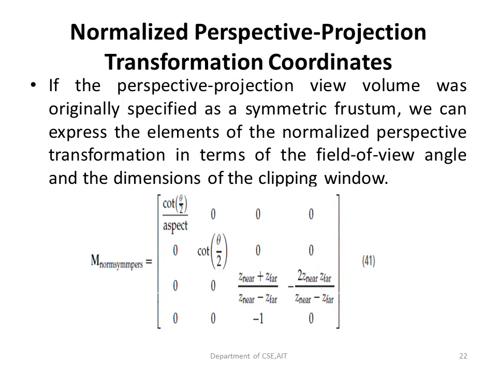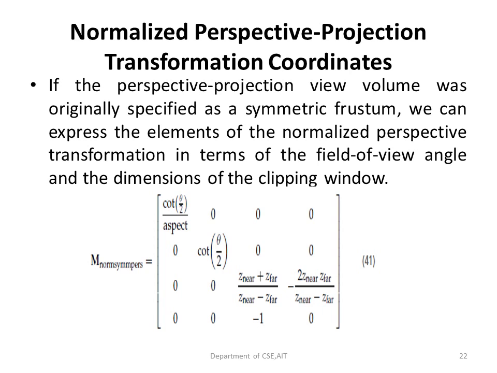There is another way we can go for representing a normalized matrix with respect to symmetry and perspective. If the perspective projection of the view volume was originally specified as symmetric, then we can go for expressing the elements of the normalized perspective transformation in terms of theta, that is the angle of view, the field of view angle, and also the dimensions of the clipping window, that is z near and z far.